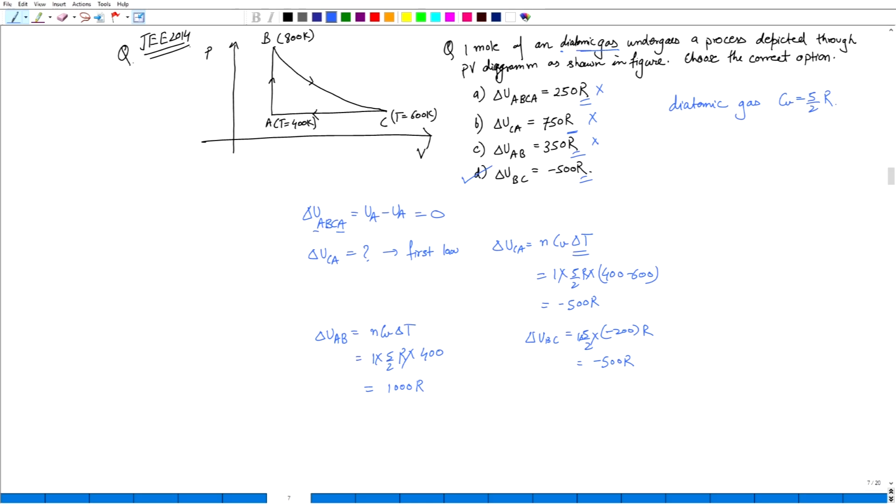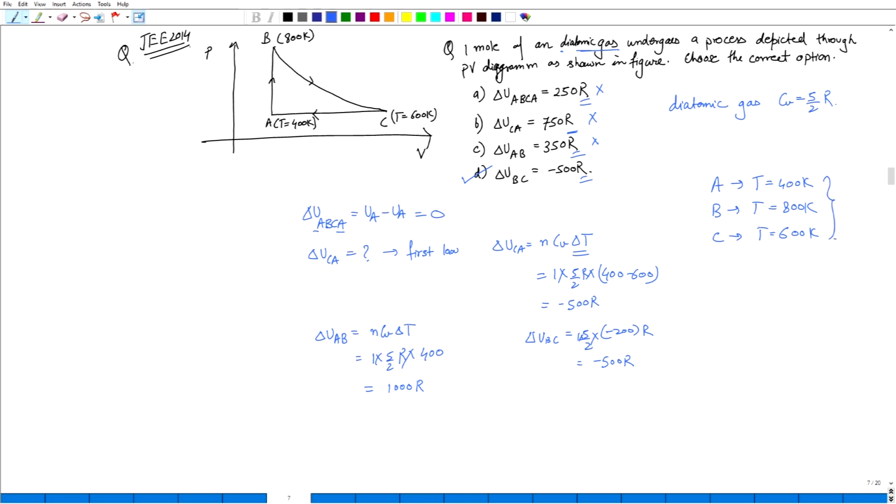What you have to look at is the temperature at A, the temperature at B, and the temperature at C, and just forget about this curve and write: the temperature at A is 400 Kelvin, the temperature at B is 800 Kelvin. Temperature at C is 600 Kelvin.